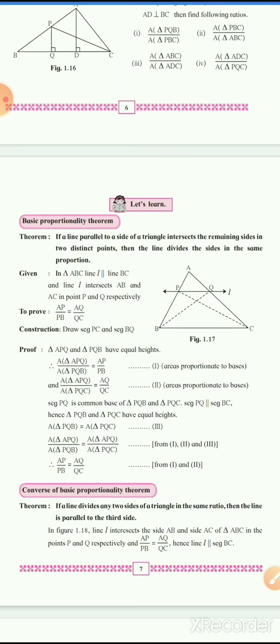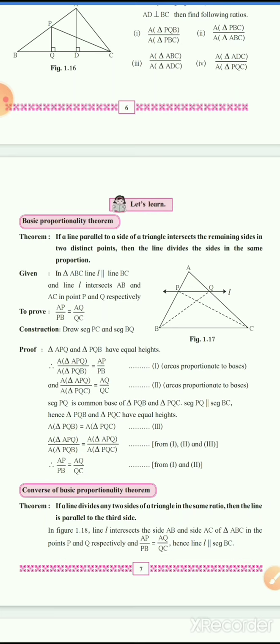So area of triangle APQ upon area of triangle PQB is equal to AP upon PB. AP and PB are their bases, so the ratio of the areas of these two triangles with equal heights is equal to the ratio of their corresponding bases.